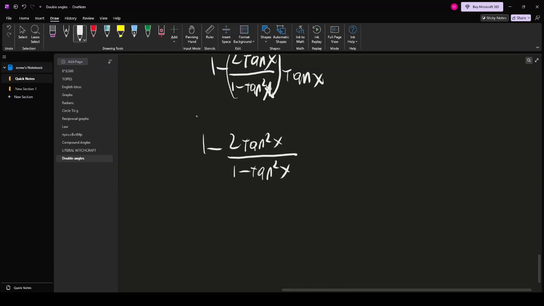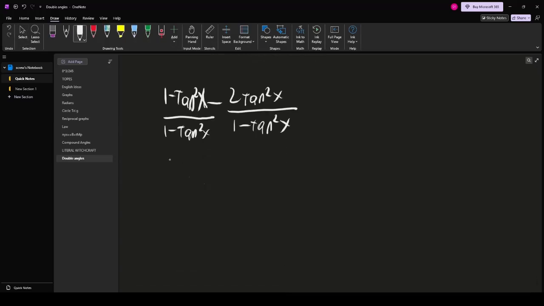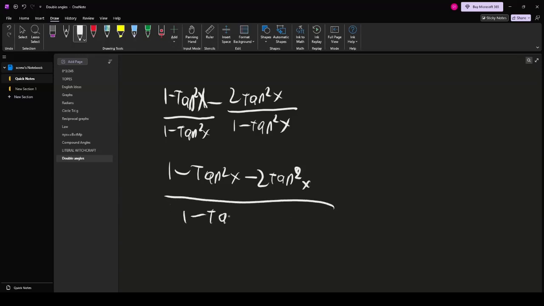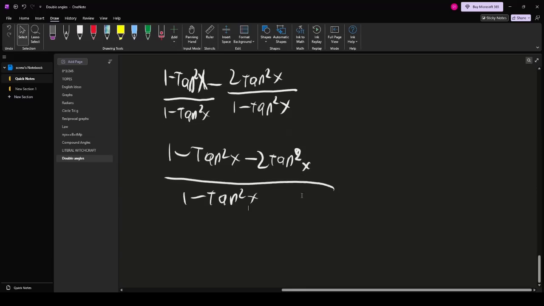And then this is subtraction again. So 1 minus tan squared x over 1 minus tan squared x. Subtract those, we get 1 minus tan squared x minus 2 tan squared x over 1 minus tan squared x.